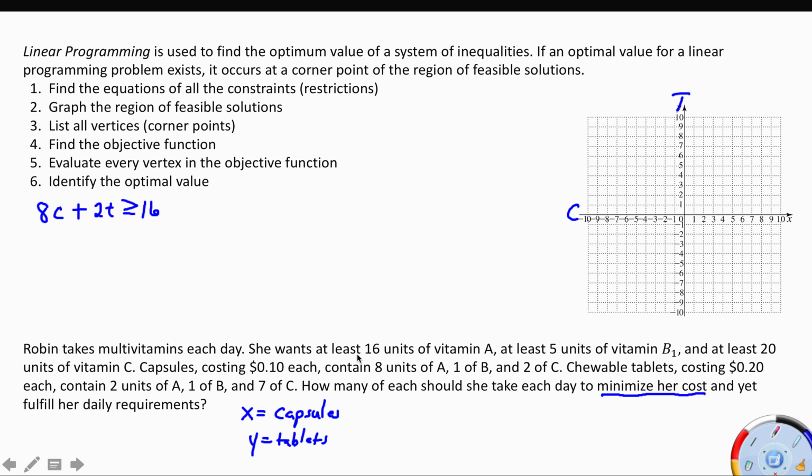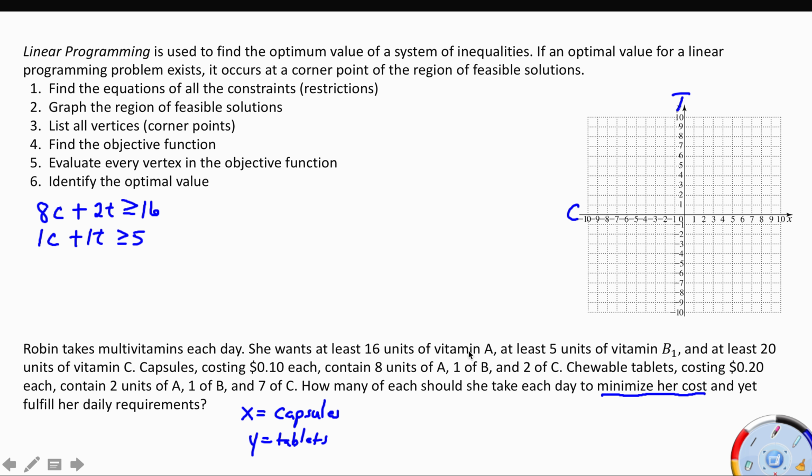Okay, I'm going to do the same thing for B and C. Okay, let's see. A capsule has 1 B. So she gets 1, if she takes 1 capsule, she gets 1 unit of B. And a tablet also has 1 B. But she needs at least 5 units of B. Okay.